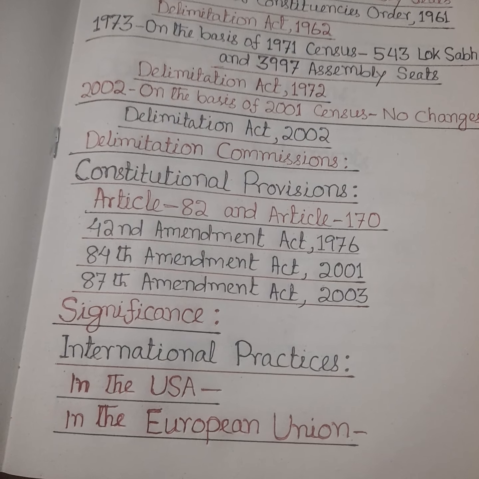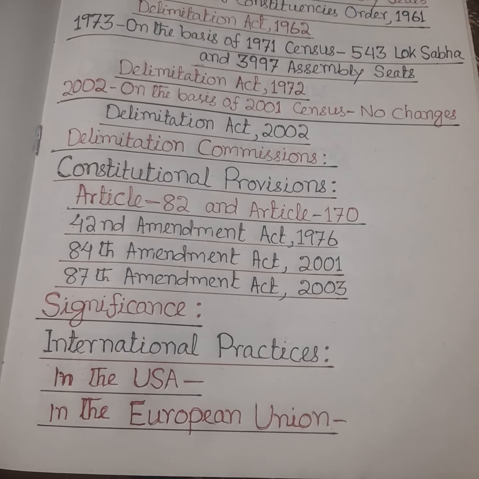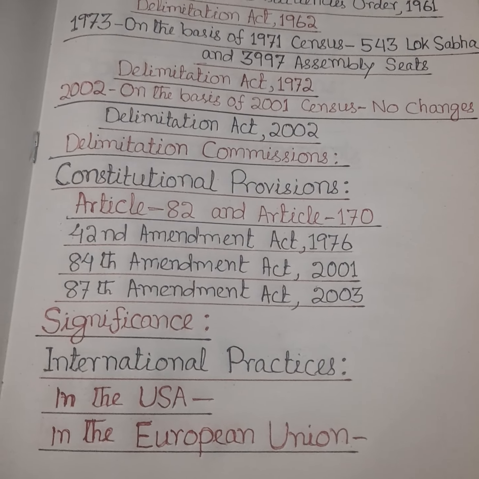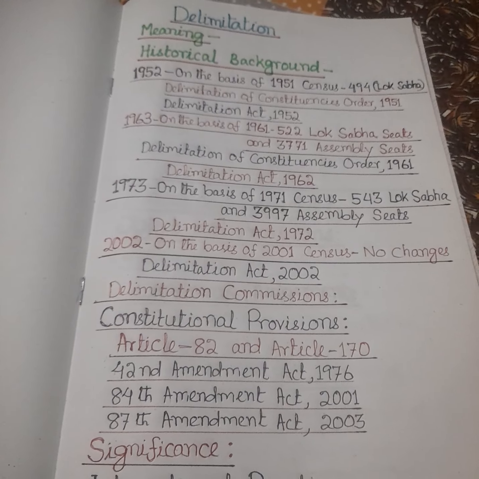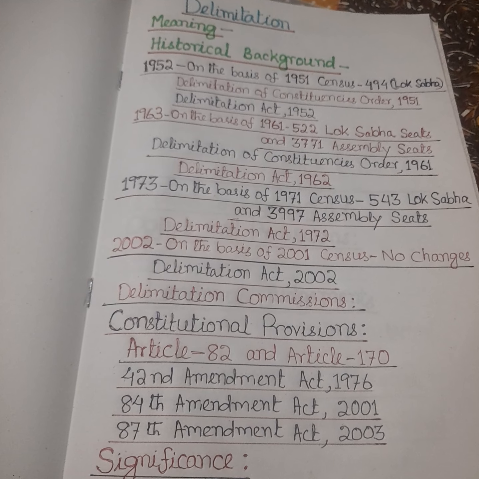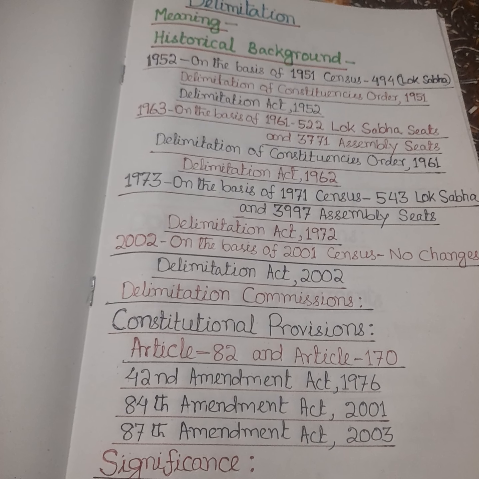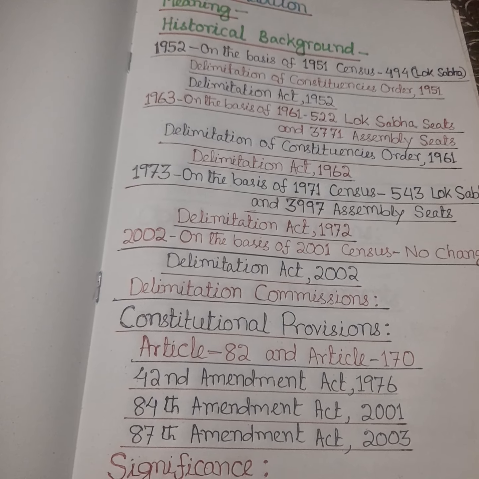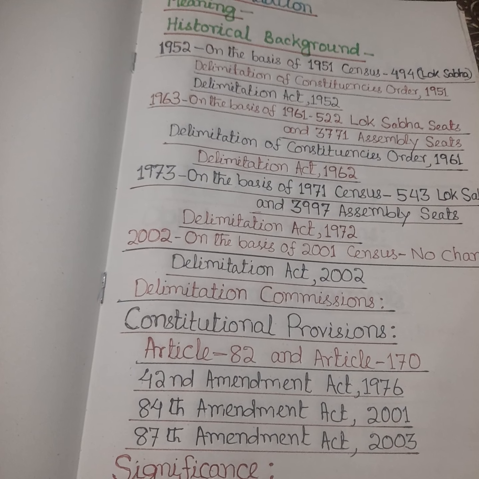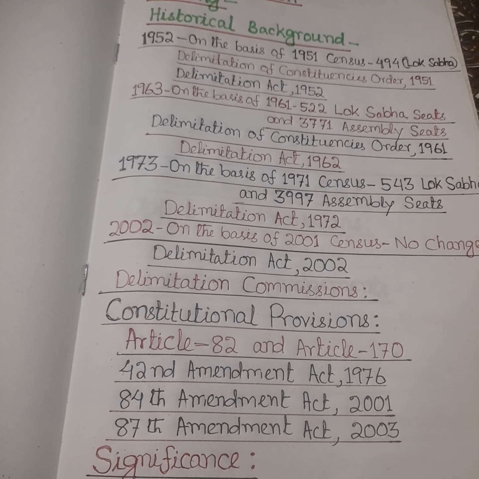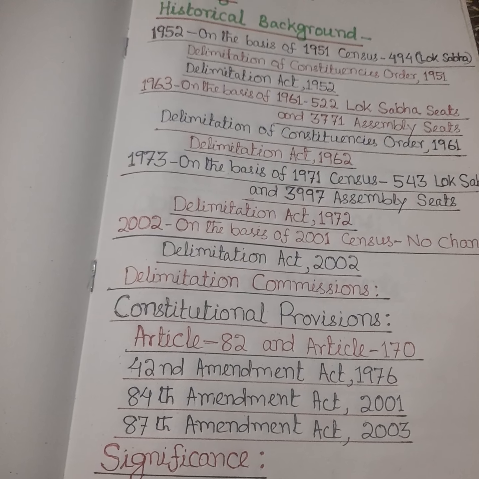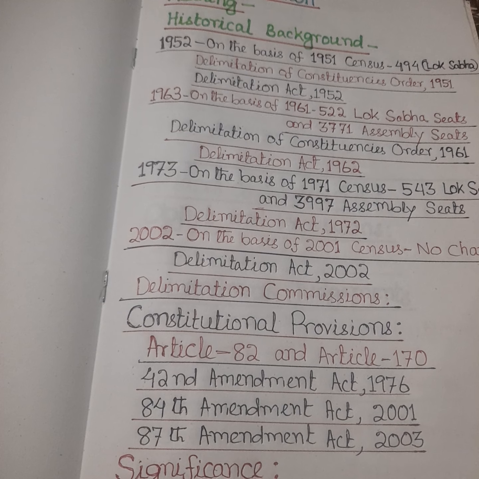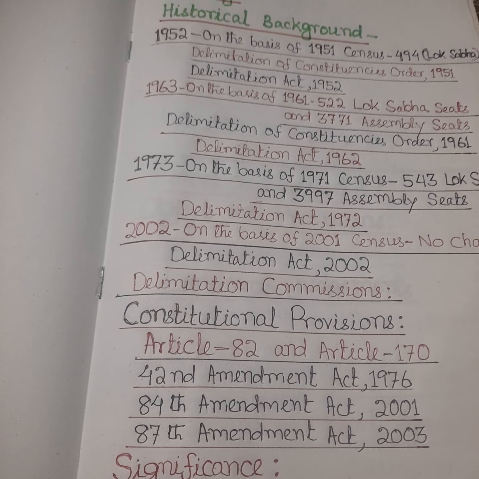So, this is all relating to delimitation, and it is currently a hot topic of debate and discussion among South Indian politicians, and mostly we found the Tamil Nadu Chief Minister M.K. Stalin, who in the recent past organized a meeting on delimitation of constituencies in regard to Parliament and state legislative assemblies, where almost all South Indian political leaders and chief ministers participated, even some from eastern states, for example Odisha.